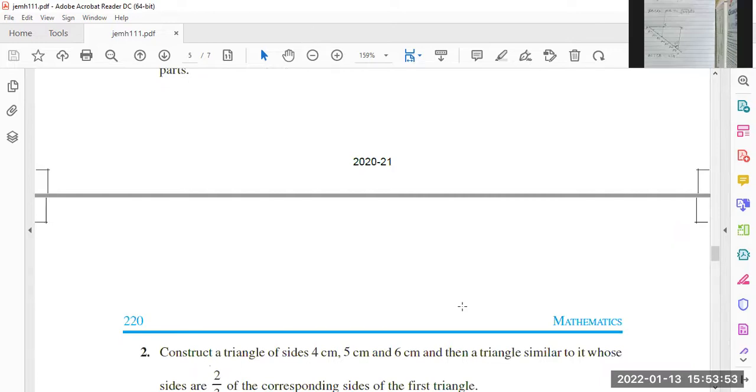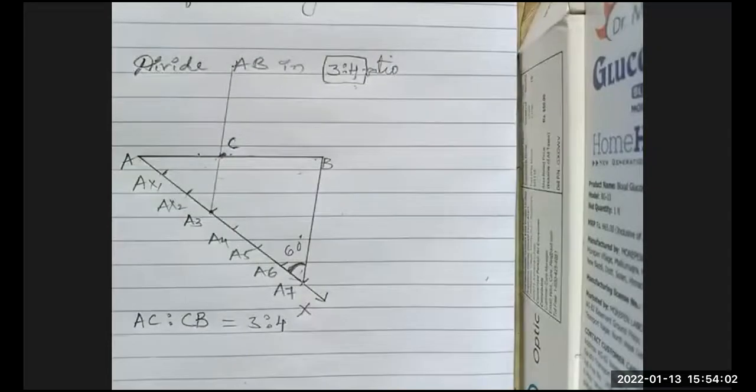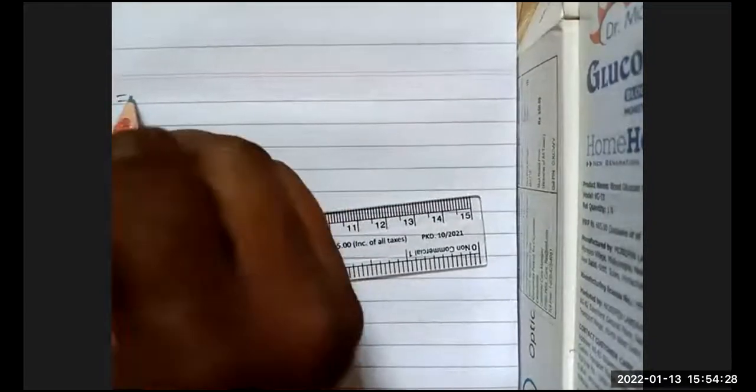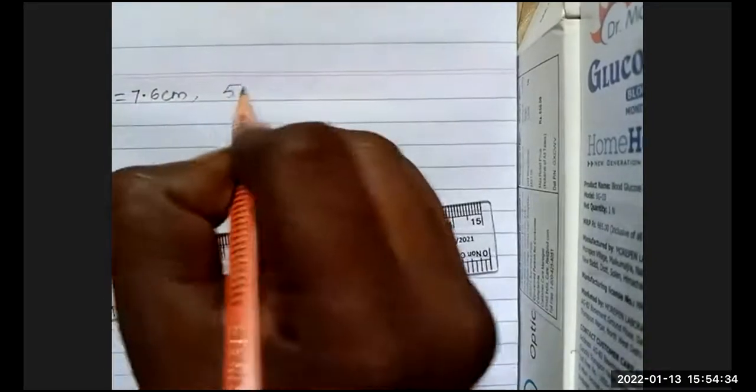7.6, 5:8. Yes. Here I'm going to draw the line segment. This is question number 1 from the exercise. First, line segment length is 7.6 centimeters, and then ratio is 5:8.